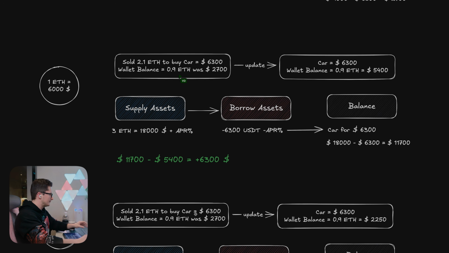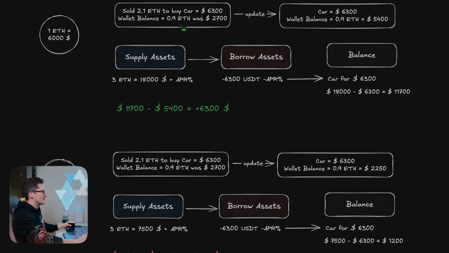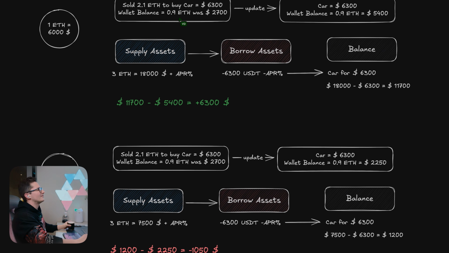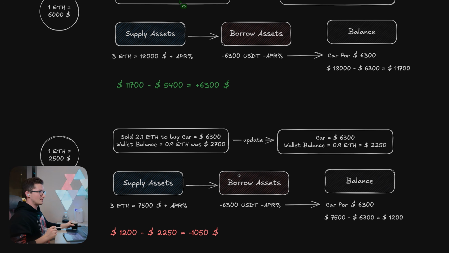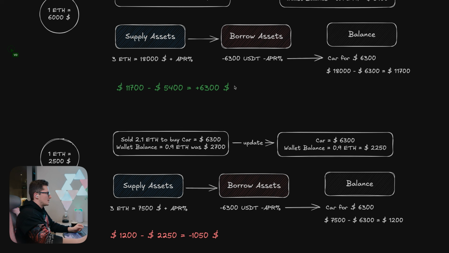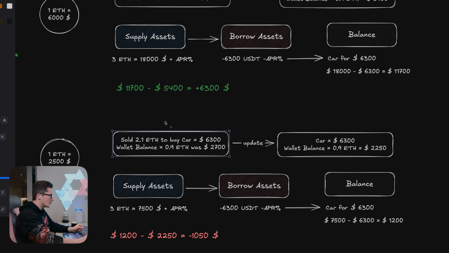Let's go in deeper. Let's imagine the situation that the price of 1 ETH is going to be $2,500. That's going to be very interesting. I just copied this here. So we sold 2.1 ETH to buy a car. That's the same.